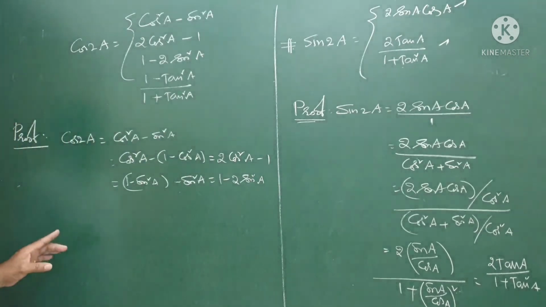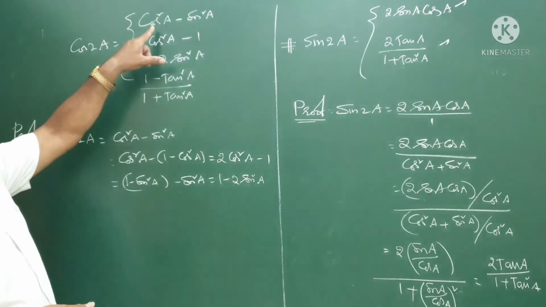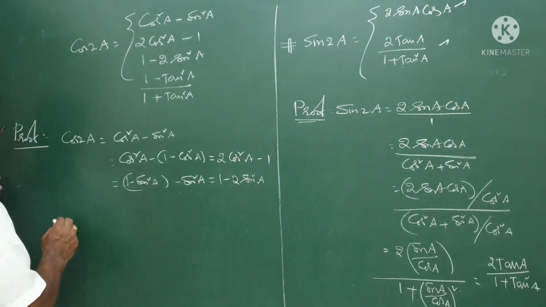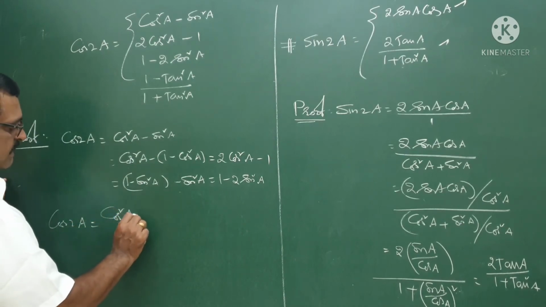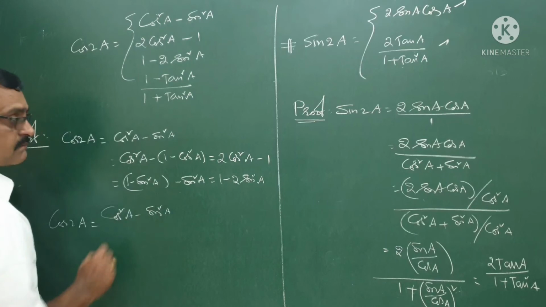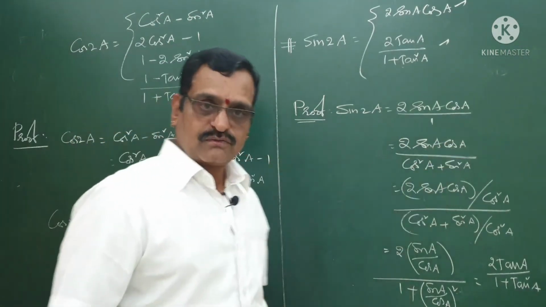Either this or that. Finally, how I can get this one? Same thing, I will take help of this. Cos 2A is equal to, we have cos square A minus sine square A by 1. Same technique here also.